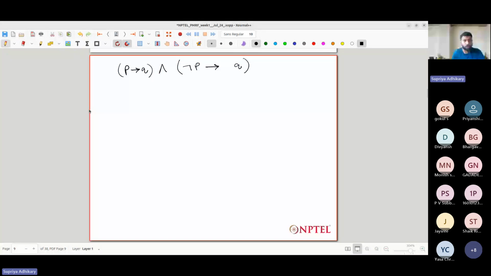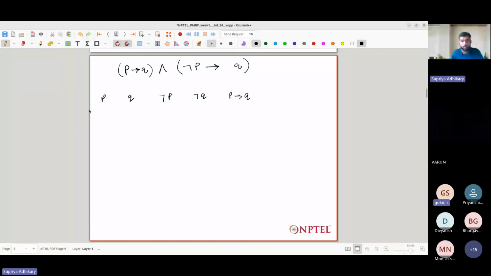So let's find out the truth table for this. P and Q are the propositions. Again, we also have to find negation P and negation Q. And given P, Q, and all this, we have to find this one first. We will also find the truth table for this. And finally, let's name it as X.